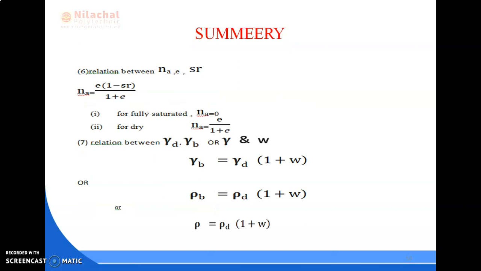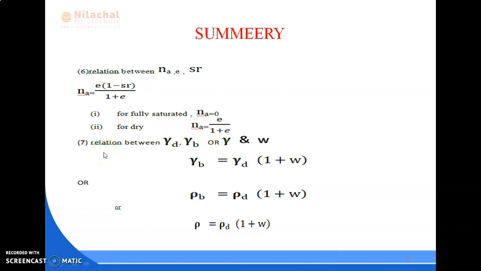Number 6, relation between na, e and Sr. The relation is na equal to e into (1 minus Sr) by 1 plus e. For the condition when soil is fully saturated, na equal to 0, and for fully dry soil, na equal to e by 1 plus e.